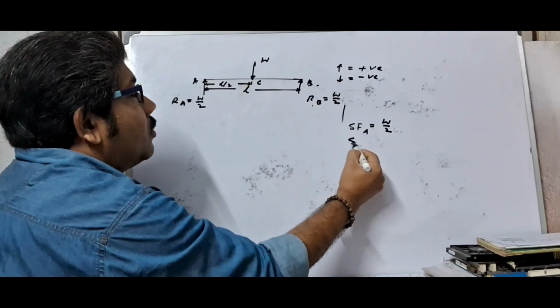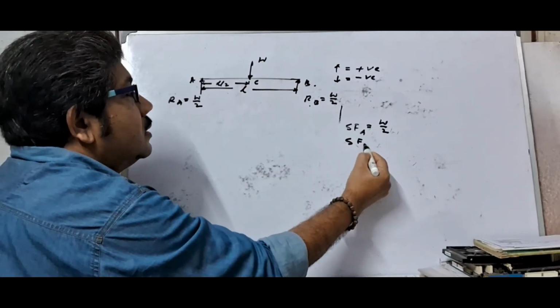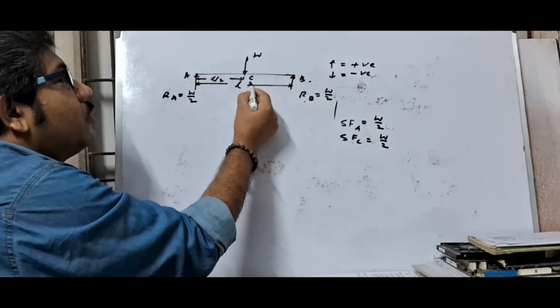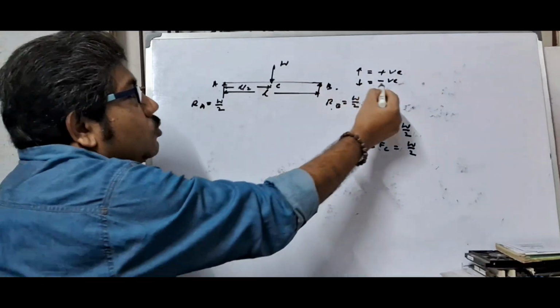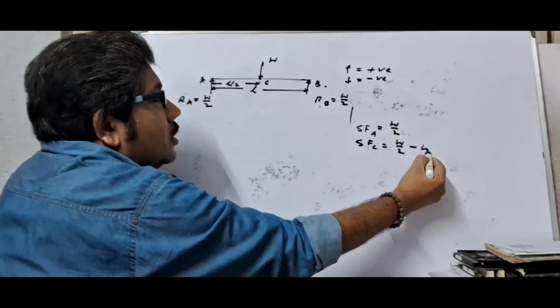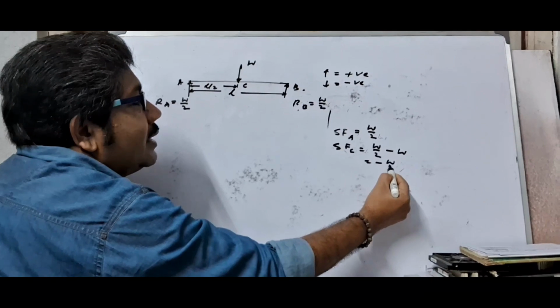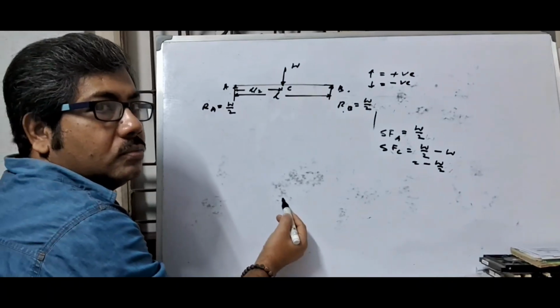Now shear force at point C, the previous load is W by 2, and at point C this is W, but this is downward, so this is negative, so minus W. So here this is minus W by 2.